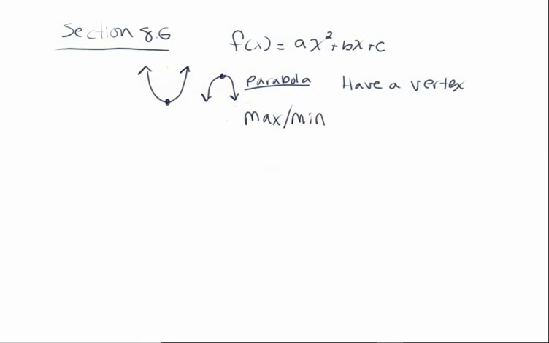So first, just looking at the function, there is an easy way to find the vertex without having to do too much work. There's a vertex formula, and we can find the x value of the vertex with just a little bit of work.